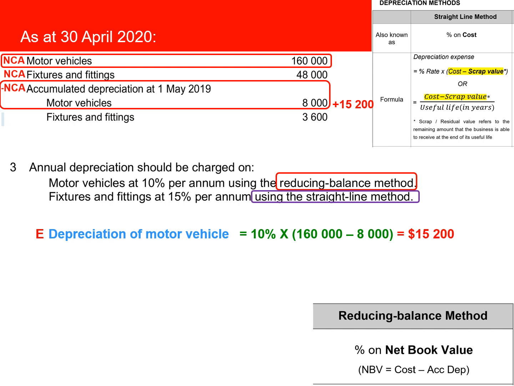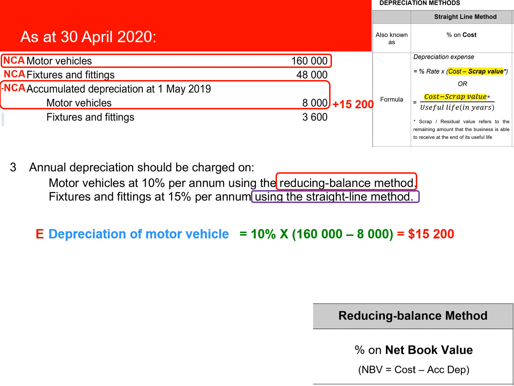For the straight line method itself, there are two formulas that we can use. One uses the percentage, the other one uses the useful life. So it depends on what kind of information is provided. If they give you a percentage, then of course you must use the one with percentage. Sometimes they give you useful life, then you use it accordingly.